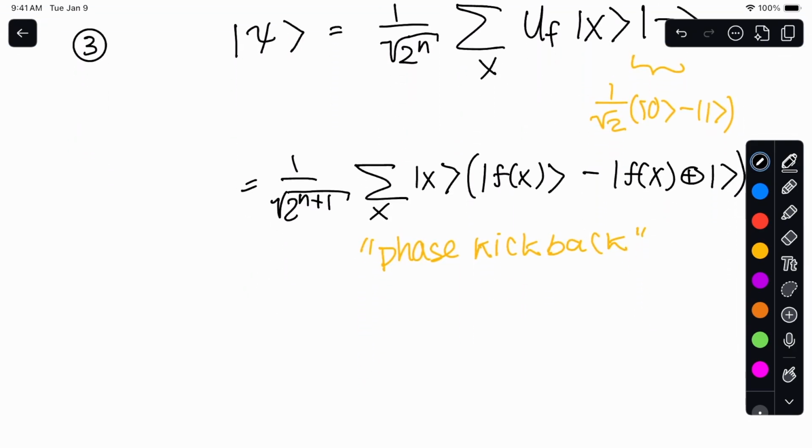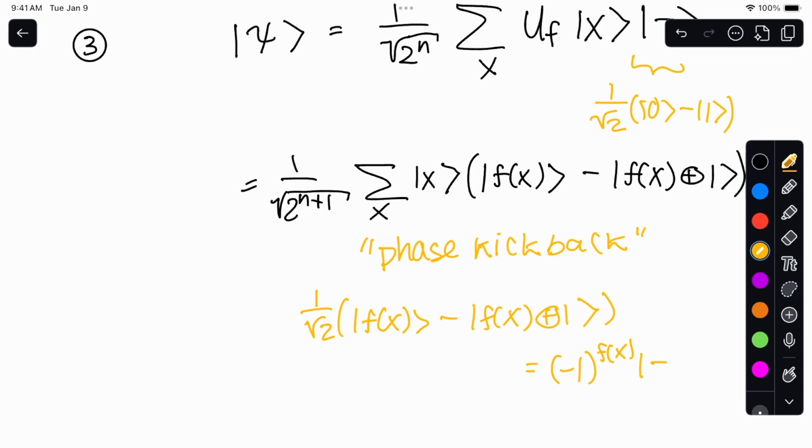So what I'm going to argue is that 1 over root 2 f of x minus f of x plus 1 is actually equal to minus 1 to the f of x times minus.